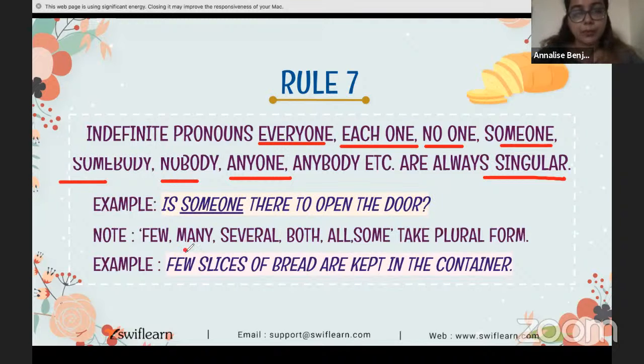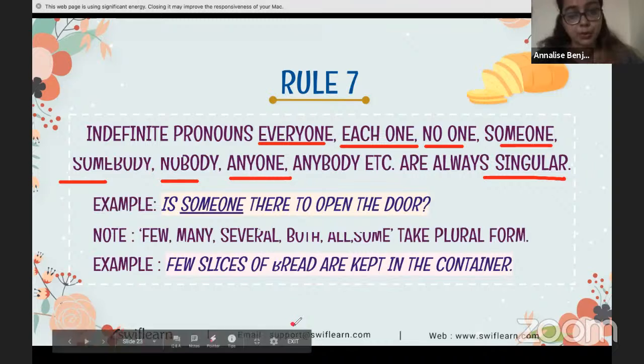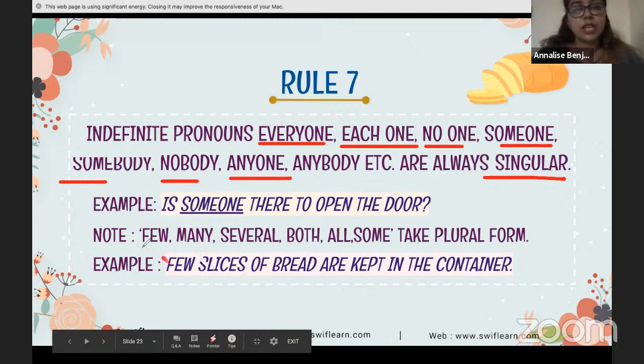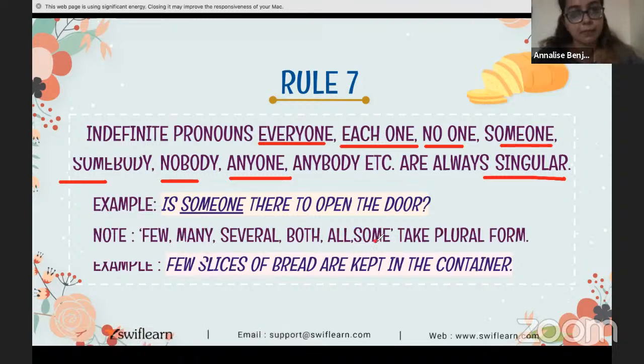Now, is someone there to open the door? They're using an indefinite pronoun. But remember something. If we are using few, many, several, both, all, some, if we are using any of these indefinite pronouns, then the verb is going to be plural. So these are exceptions to our rule.